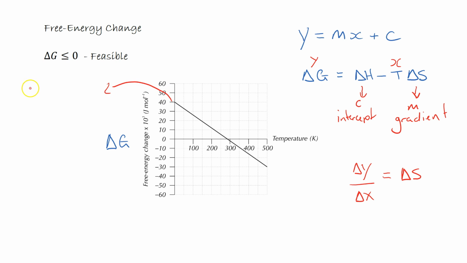This would be our value of delta H. And importantly, as we look at our graph here, this point here where delta G is equal to 0, this is our point at which our reaction becomes feasible. Looking at this graph, since the line as we go to increased temperatures goes more negative, then this is feasible at all temperatures greater than 300 Kelvin.